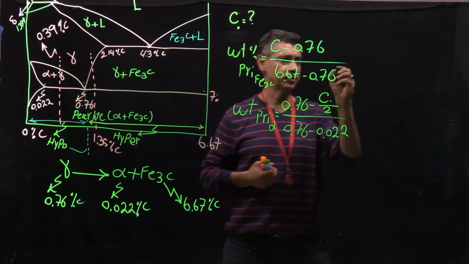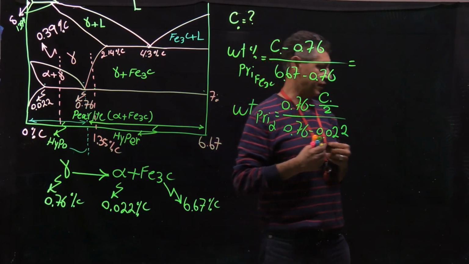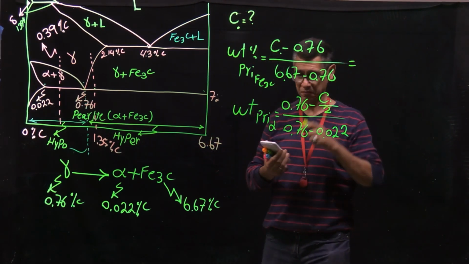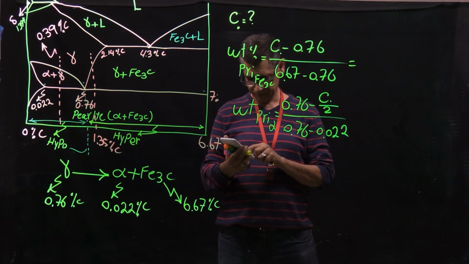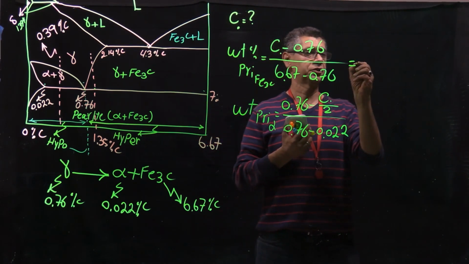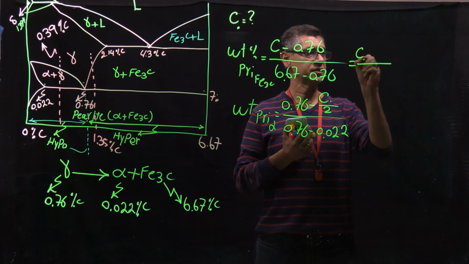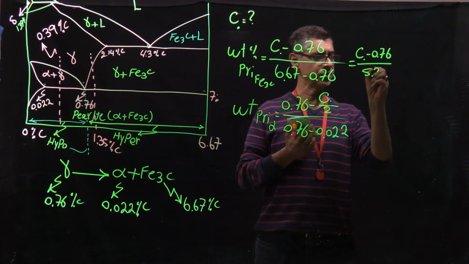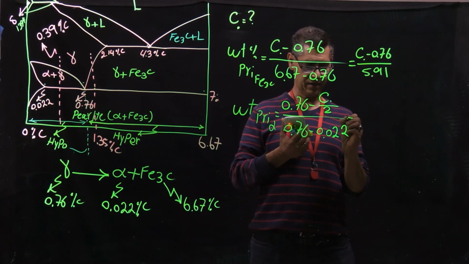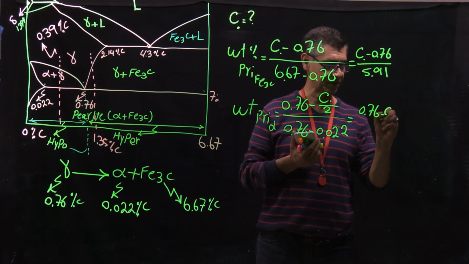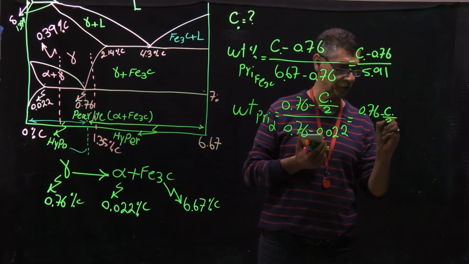So all I need to do is maybe simplify this. So this becomes C sub 0 minus 0.76 divided by 5.91, and here is 0.76 minus C sub 0 divided by 2.